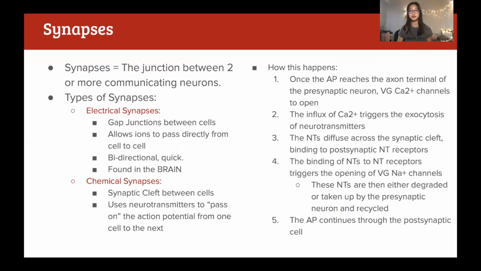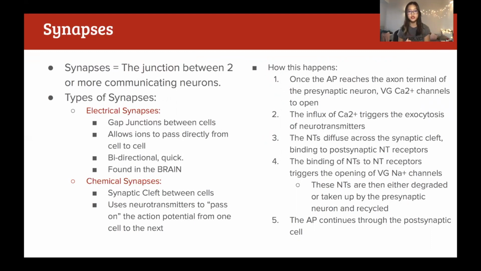Now, chemical synapses are slightly different in that they have a synaptic cleft. The presynaptic neuron, which is the neuron that goes first in the sequence, and the postsynaptic neuron, which goes later in the sequence, are not in direct contact. They are separated by a synaptic cleft. So neurotransmitters are going to be doing the work of transmitting the nerve impulse from the presynaptic neuron to the postsynaptic neuron.